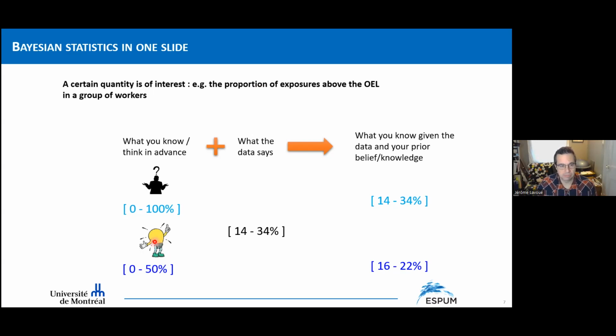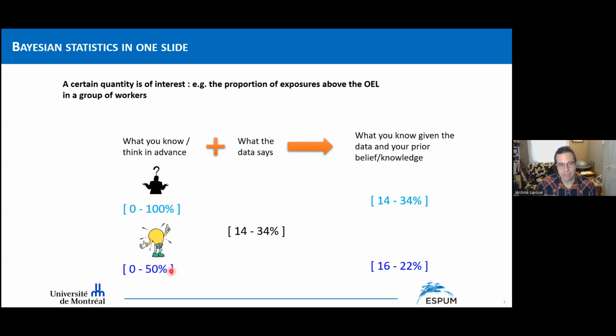In this very arbitrary example, maybe the hygienist has had a long experience of that kind of workplace and said, well, this current workplace seems to be on the cleaner side compared to my experience of workplaces of the same type. So I would say, well, I don't know a lot about the exceedance fraction, but I know that it's probably not above 50%.